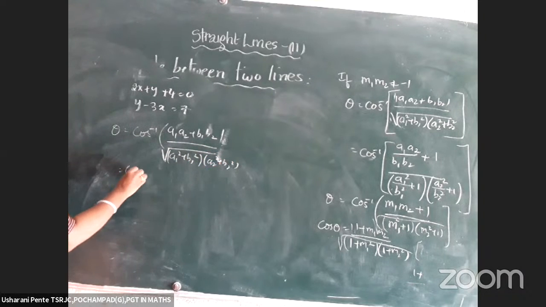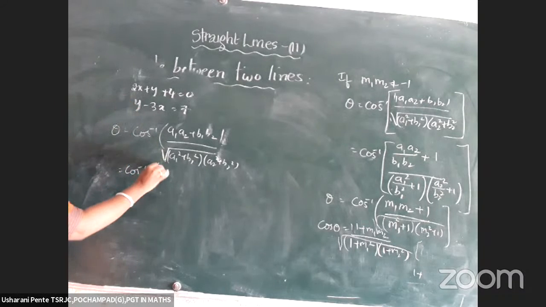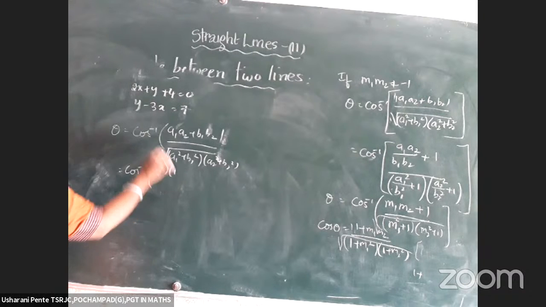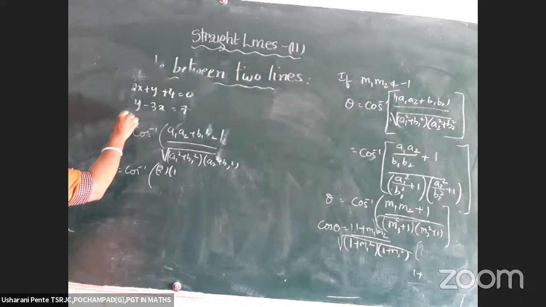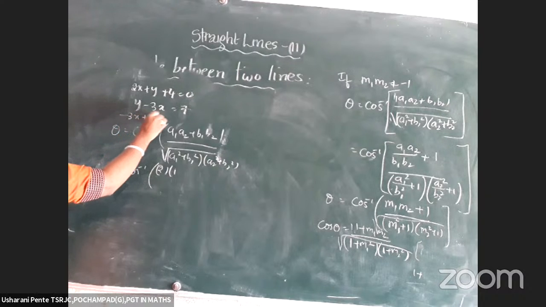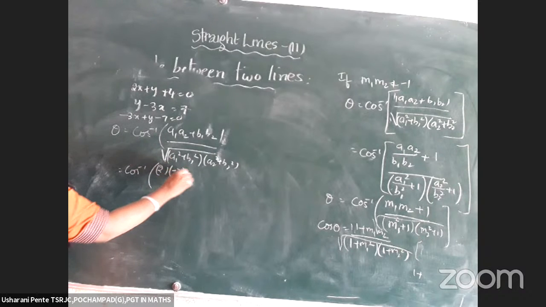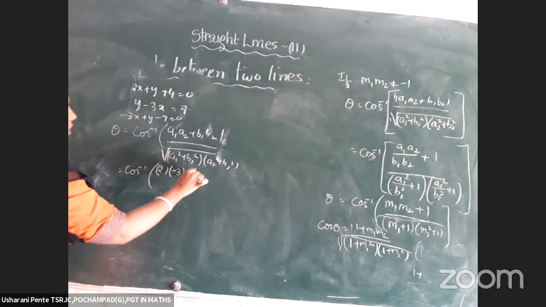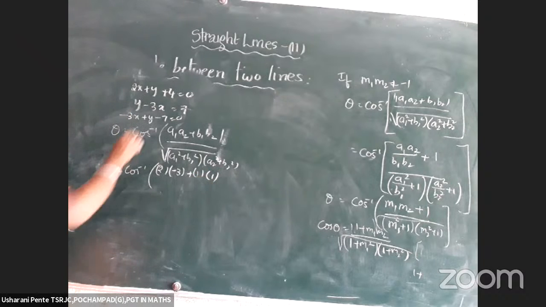Just substitute the values. What is a1 here? a1 is 2. Here it is not in the form of ax plus by, so we write minus 3x plus y minus 7 is equal to 0. Therefore a2 is minus 3. What is b2? b2 is 1, and b1 is also 1.